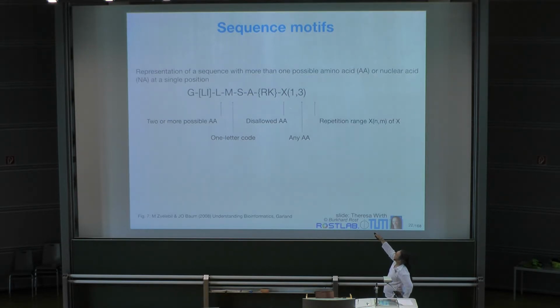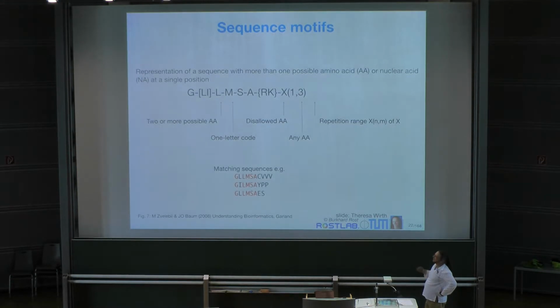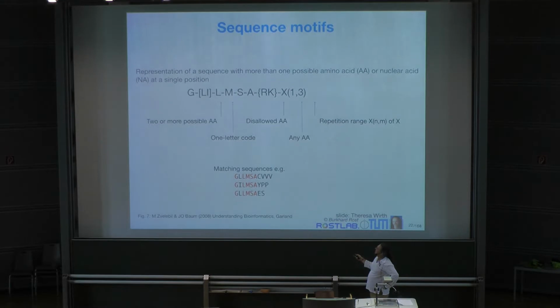The X means any, I'm sorry, my arrows are off. They were right. That's one of those things in life. And that's the repetition here. So you essentially have a simple regular expression. Different sequences can match that regular expression.